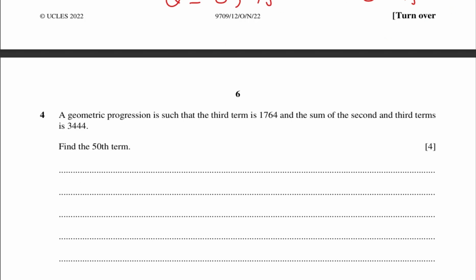Question number 4, a geometric progression is such that the third term is 1764, and as long as we are talking about geometric progression, a_n will be a r to the n minus 1. The third term is 1764, which means that ar squared equals 1764, and the sum of the second term and third term is 3444.